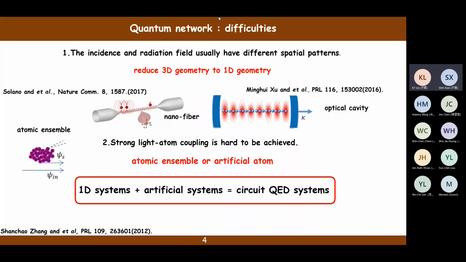But as I just showed you, in many cases, for time decay states, you have a very different temporal waveform. They are different shapes. Well, you may think they can contain different frequency components.